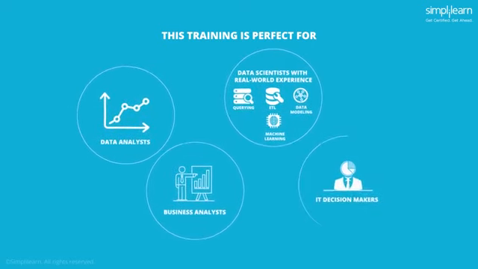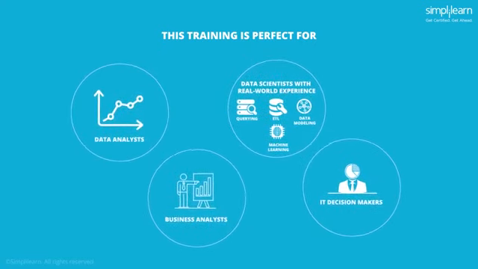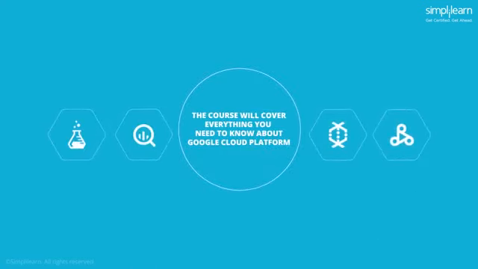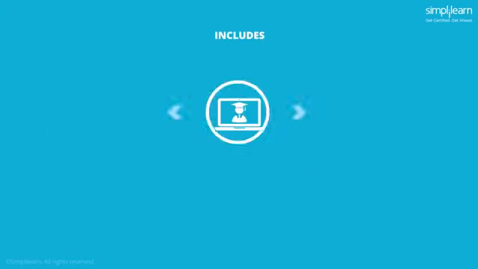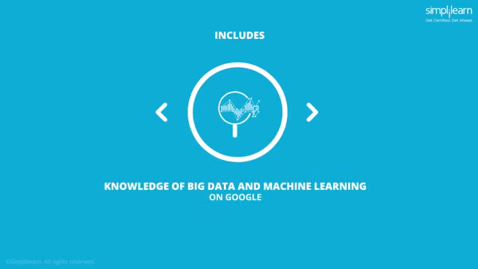IT decision makers evaluating the Google Cloud Platform have also found the training very useful. The course will cover everything you need to know about the Google Cloud Platform and includes 8 hours of instructor-led training, modules on big data and machine learning with the Google Cloud.